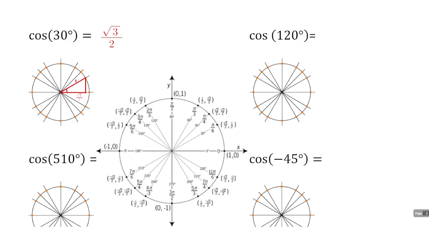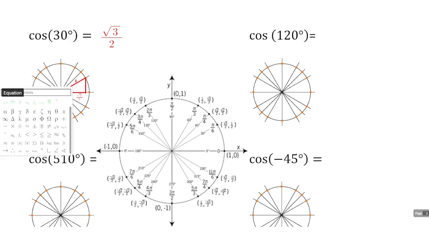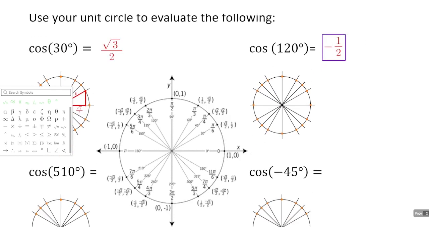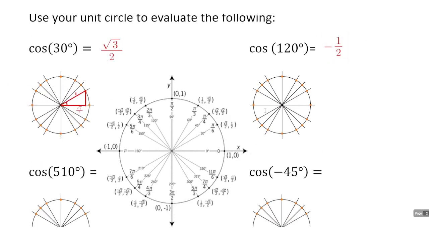So cosine of 120 degrees. I'm going to look for 120 degrees, which I see in quadrant 2. And I'm going to report back the x-coordinate at that angle measure, which you can clearly see is -1/2. To really describe this, I would draw a triangle like I did in the first problem, using the reference angle rather than 120 degrees because they would have the same cosine value.